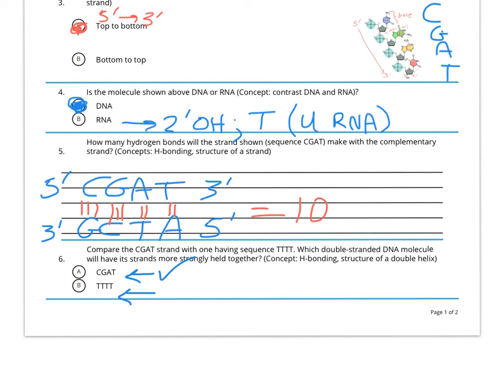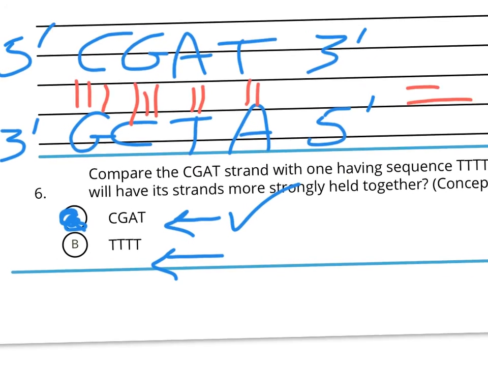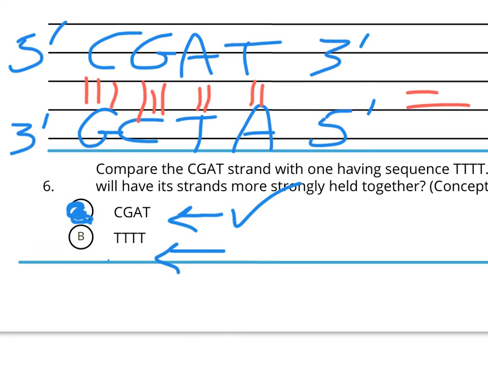Therefore, strand A, the double-stranded molecule CGAT paired with its complement, will have more hydrogen bonds than TTTT, which would be paired with 4 A's. There would only be 8 hydrogen bonds in that double-stranded molecule.